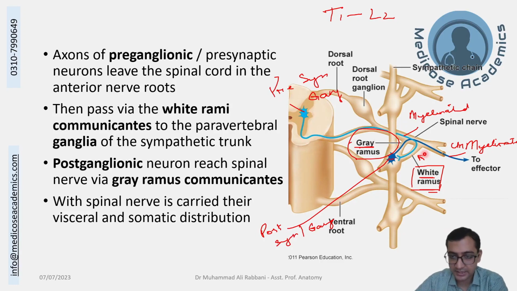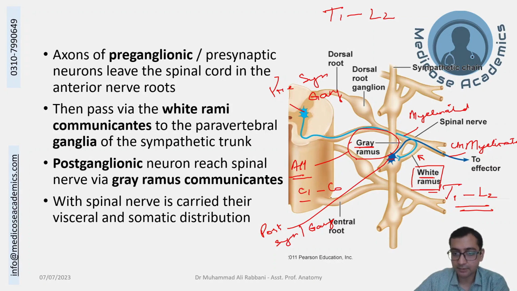Which one is lateral of the two? White ramus is lateral, gray ramus is medial, and so on. These questions can be asked. So white ramus will only be made due to preganglionic. Preganglionic will only come where there is output. So white ramus communicantes will be present only in T1 to L2 segments. However, the gray ramus will be present in all C1 to coccygeal segments, all 33.